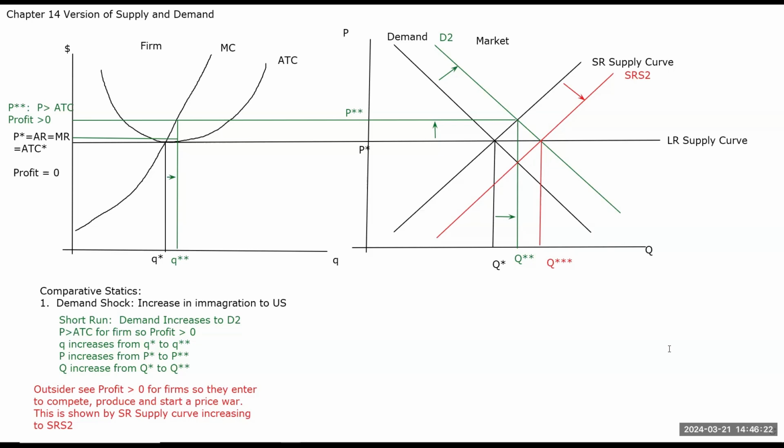So consumers are buying more. We ride down the demand curve and we get to a new equilibrium here where the price falls back from P double star to P single star, and the quantity increases from Q double star to Q triple star.